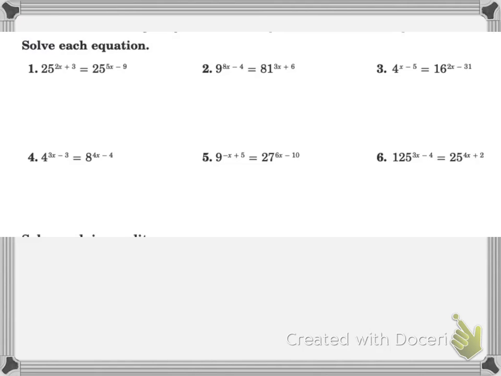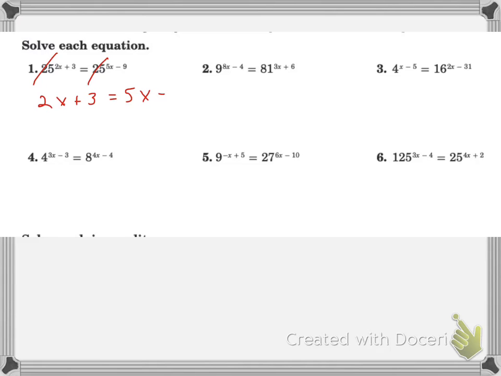So when you're looking at an exponential equation here, you have an expression on each side of the equation, and it kind of makes sense in number one that if both of these bases are 25, then obviously these two parts can be dropped and you can set the two exponents equal to each other.